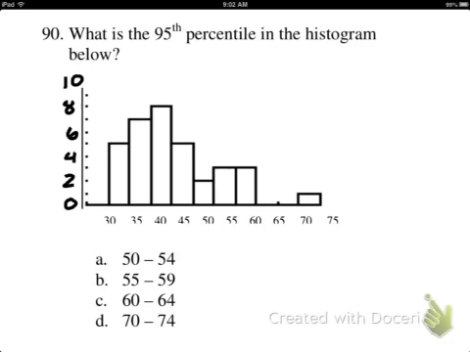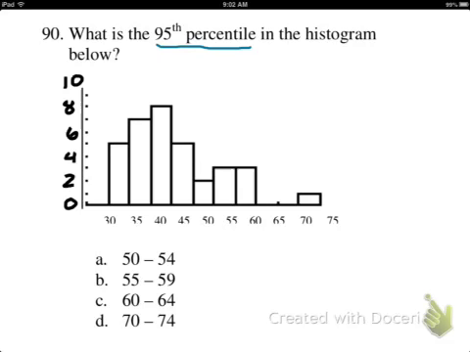So 95th percentile, that word percentile means the percentage of people that are below a certain amount or score. In this one, I think the context was ages of Hollywood actors receiving Emmys or something like that.